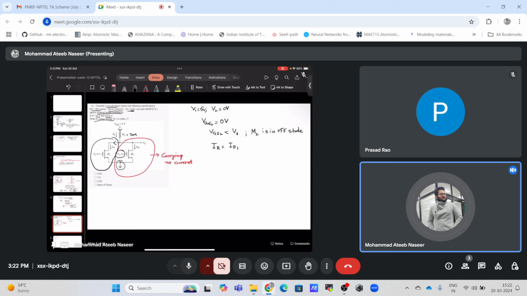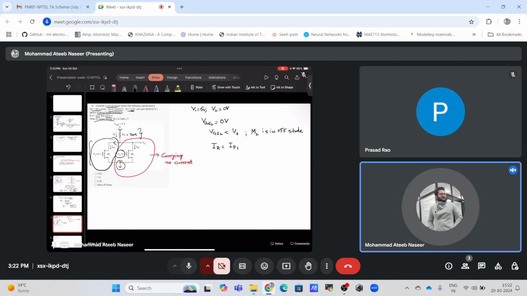And to first order, if we consider this 5 volt voltage being dropped across this resistor and across this MOSFET, you can say that this VDS will be less than VGS minus VT. But let's do the complete analysis. Okay, let's not use that approximation.